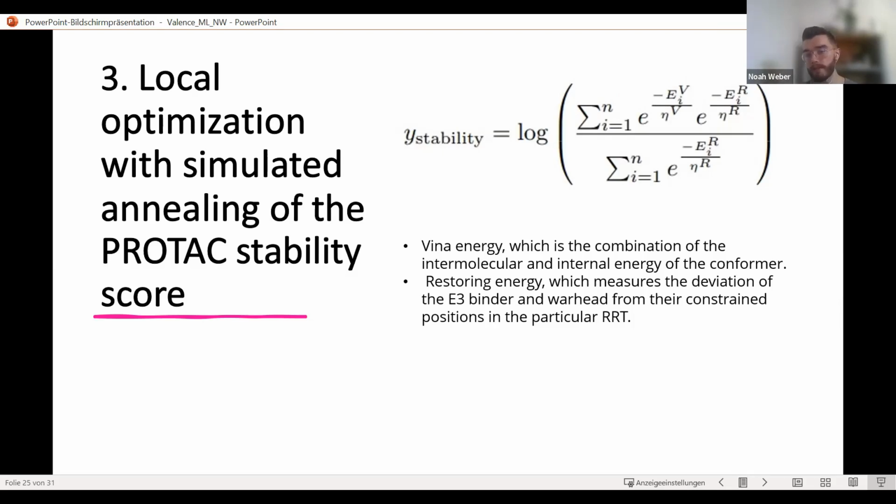And these two energies measure, first of all, the combination of the intermolecular and internal energy of the conformer, and the restoring energy is the deviation of the E3 binder and warhead from their constrained positions in the particular RRT. So what this essentially says, at a very high level, is how confident or how stable you can fit the PROTAC in the whole ternary complex situation. And the new parameters are hyperparameters that need to be learned and adjusted for in a particular setting.